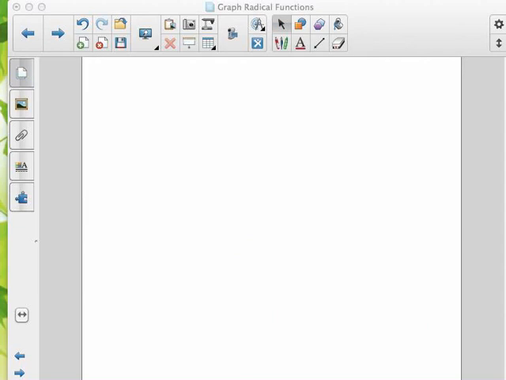Ah, it won't let me paste. That's weird. Oh well. It won't let me paste it in.